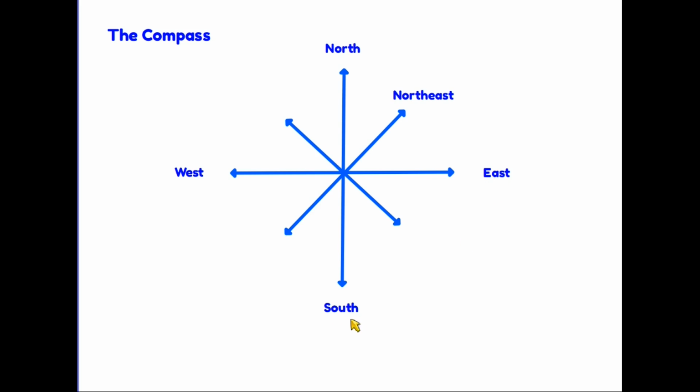Similarly, between south and east, this direction here is the southeast. Between south and west, we have the southwest. And between north and west we have northwest. So each middle direction here is made up from the names of the 2 on either side. Just remember that north and south always come first.